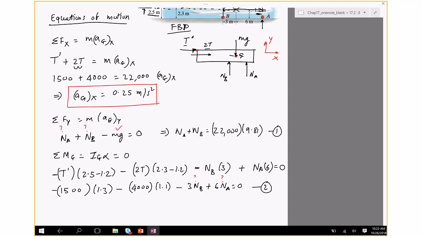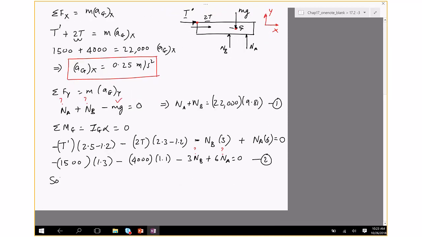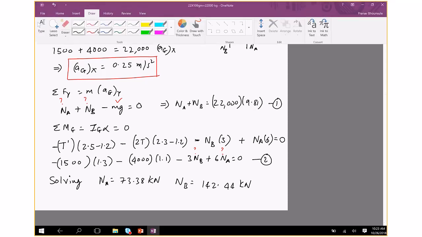If you solve for NA and NB, you get NA equals 73.38 kilonewtons and NB equals 142.44 kilonewtons. That's each tire, is that each one?